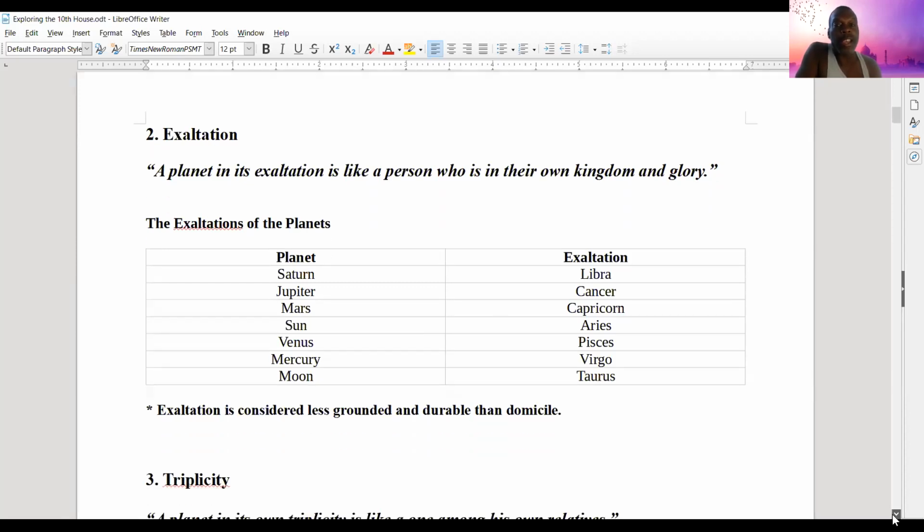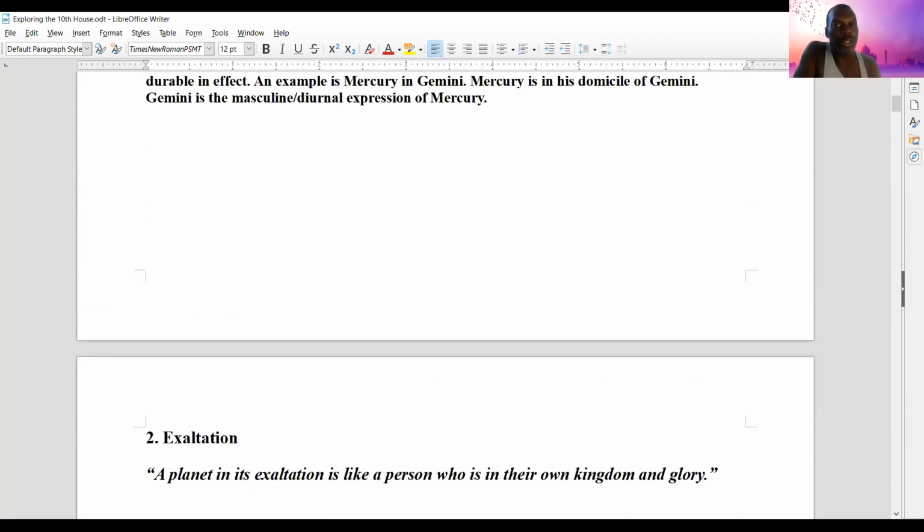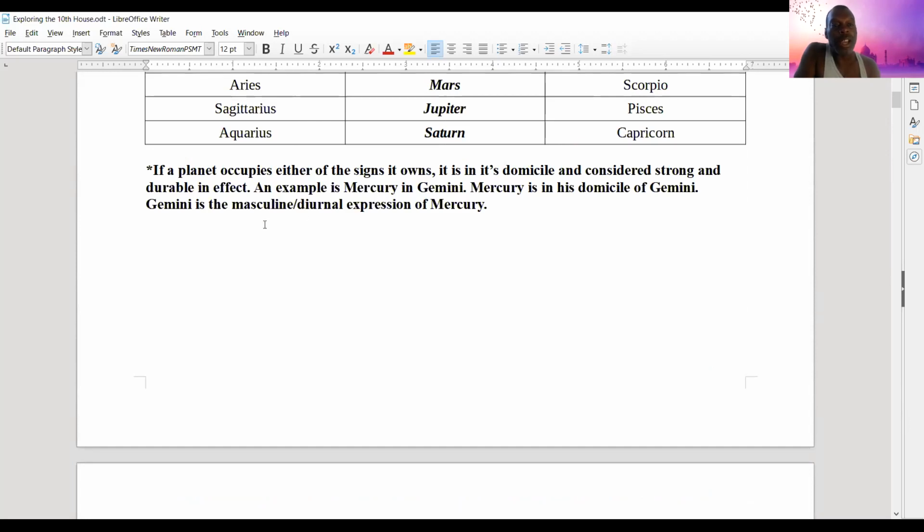All right, so exaltation, we just got to that. Notice how it says exaltation is considered less grounded and durable than domicile, and that is because earlier, Mercury in the domicile, Gemini, is masculine, its domicile is considered strong and durable in effect. That tends to be the difference: when a planet is in its domicile, there's a durability to the effect, and when the planet is in its exaltation, it's shakier, there's more of a rise and fall.